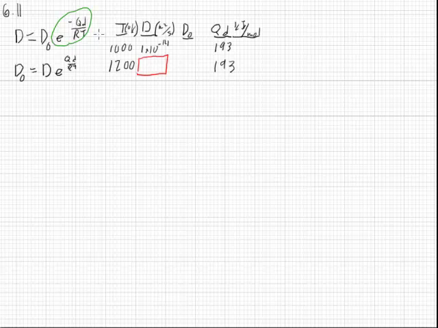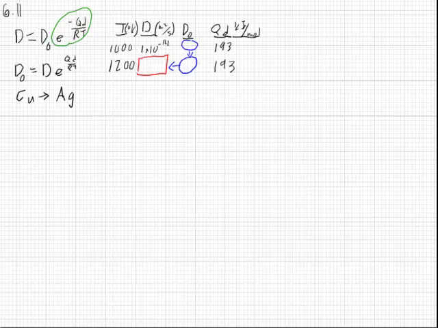Once we use the equation to find the pre-exponential, the pre-exponential should be the same thing for both, and then we can find the diffusion coefficient at 1200 degrees. And this is again all for copper going into silver. Okay.